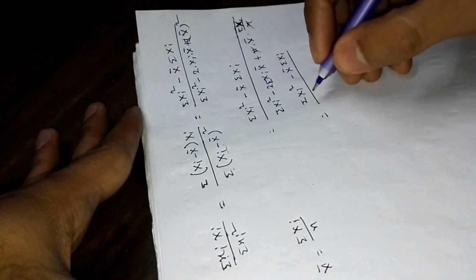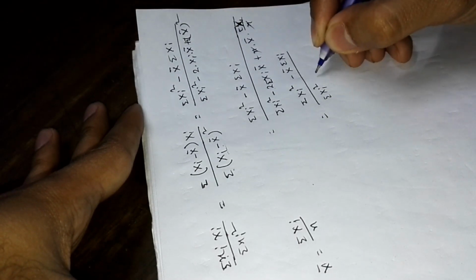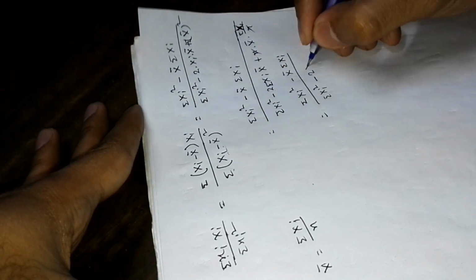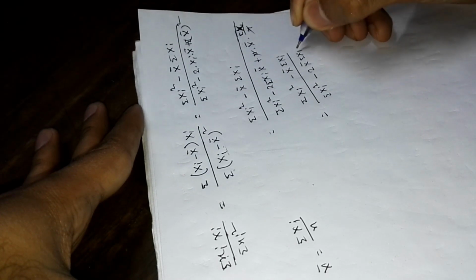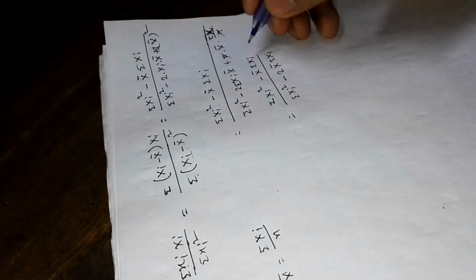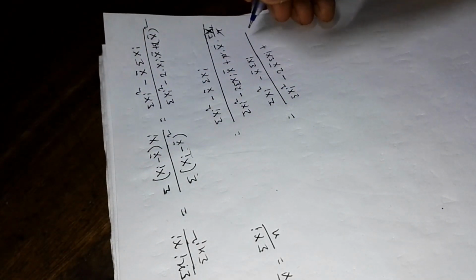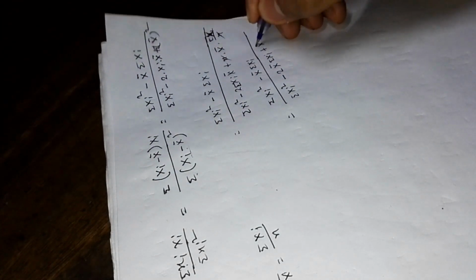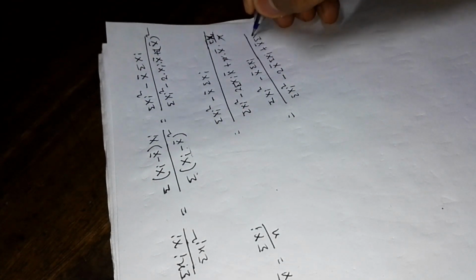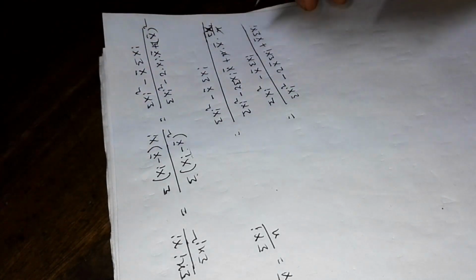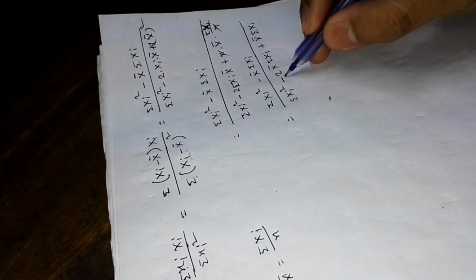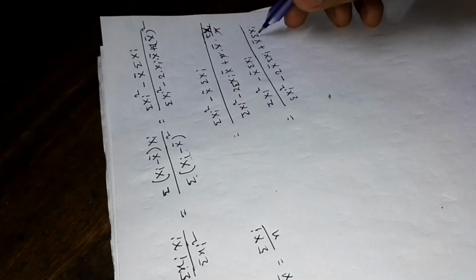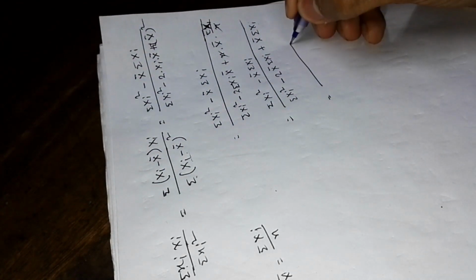So let's take the situation: the summation of Xi square minus 2 x bar times the summation of Xi, plus x bar times the summation of Xi, because n is gone. You can see these are both the same, but one has a 2 and the other has nothing, so just subtract.